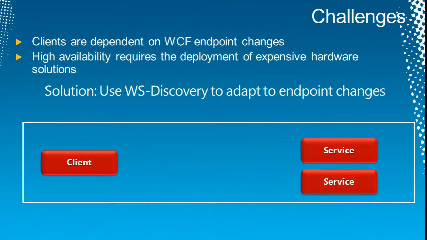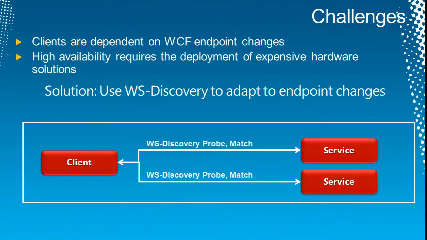And when you go to Windows and say find printers, there is a message that goes out saying find me a printer with these characteristics. Those things are based on WS-Discovery, and it uses two messages, probe and match, with which the client can say, I want to find a service that does this. Find one for me. Similarly, the service can start broadcasting its presence: I'm here if anybody wants to talk to me.